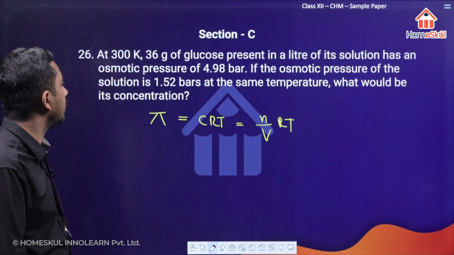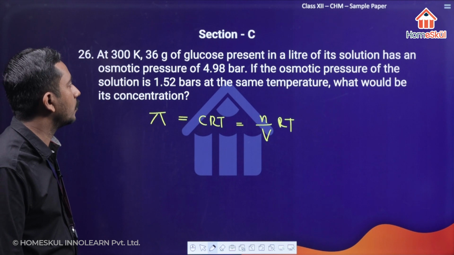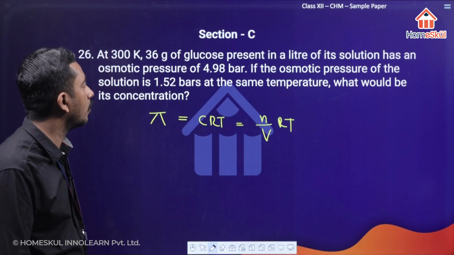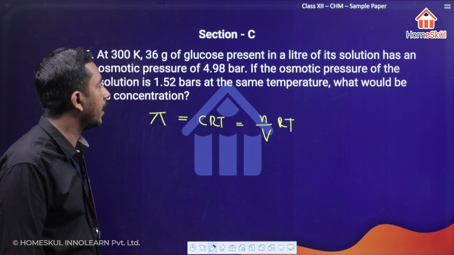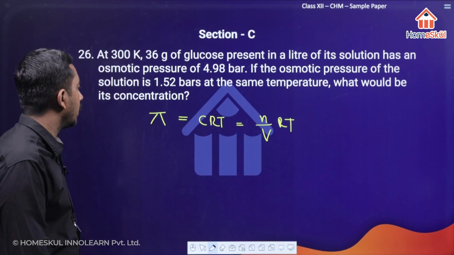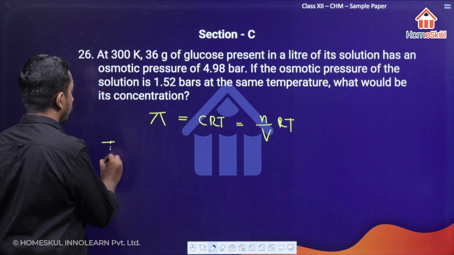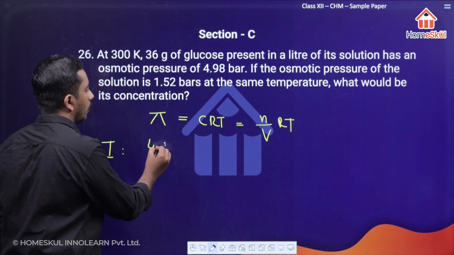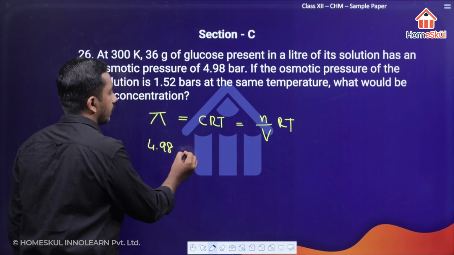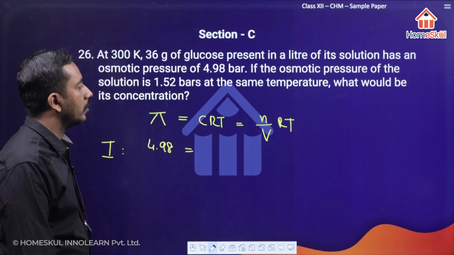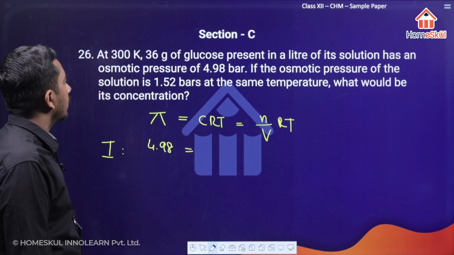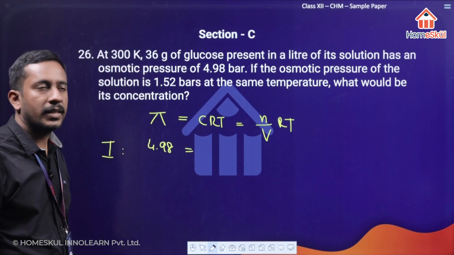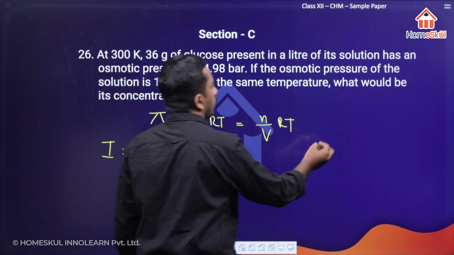So let's take the first condition. 36 gram of glucose present in a liter of its solution has an osmotic pressure of 4.98 bar. Right. So in the first case, if you consider the first solution, the osmotic pressure is 4.98 bar. So that is equal to, here it is given that 36 gram glucose is present. So what is the equation for number of moles?